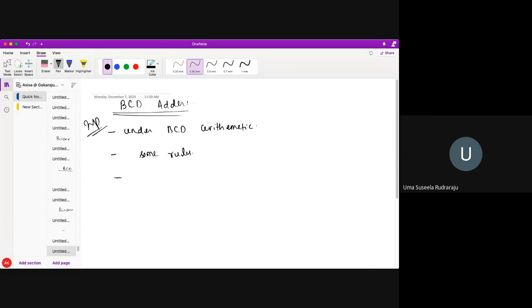So first, what are the rules here? In order to add two BCD numbers, we have to follow certain rules. First of all, we have to add the corresponding digits of each BCD number.